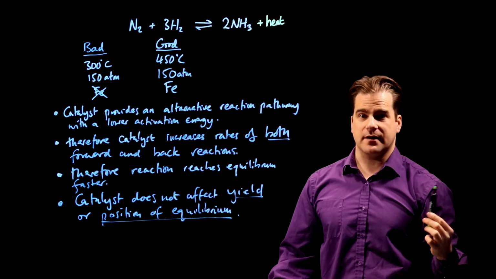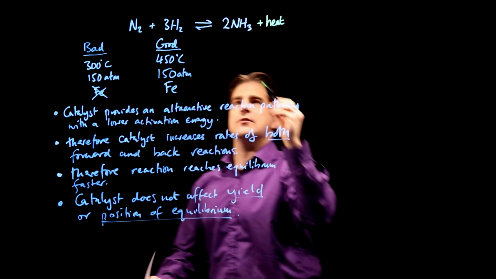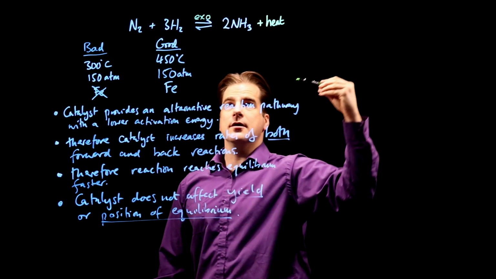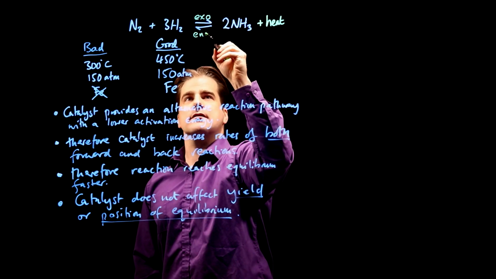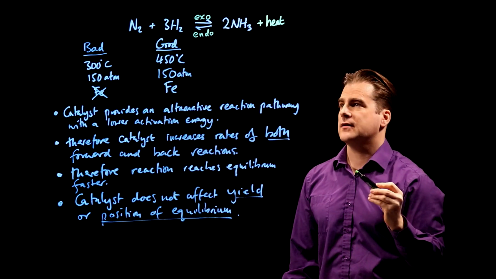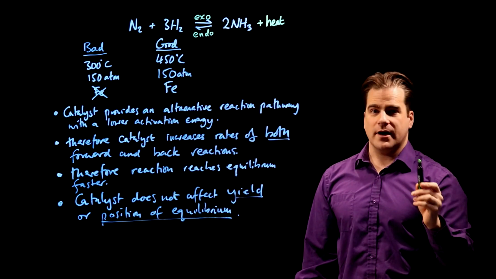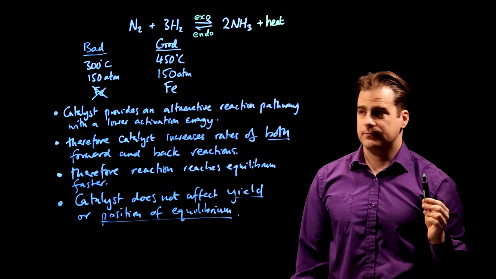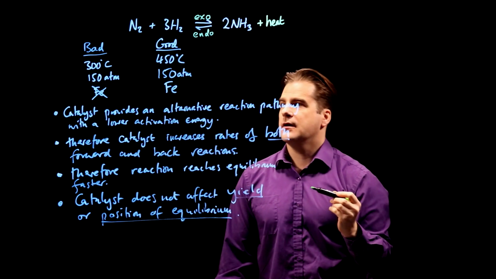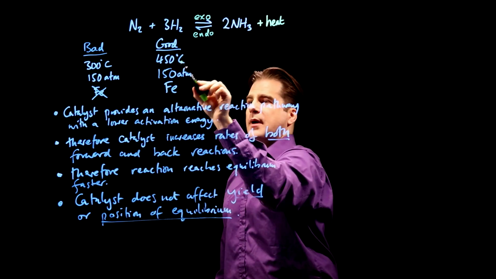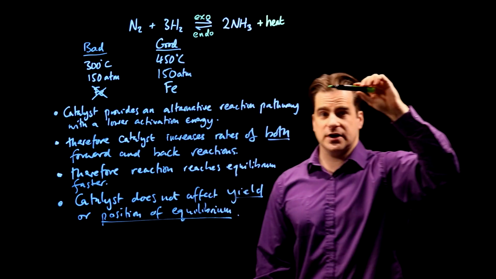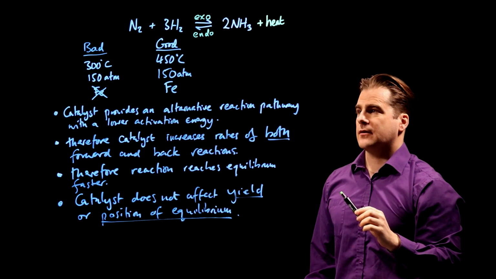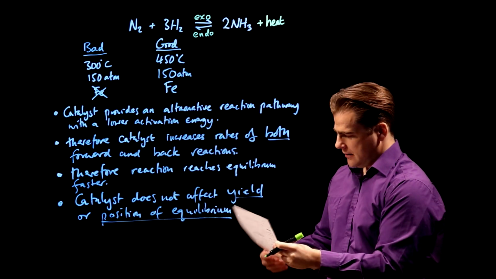That's the exothermic direction, but in this direction is the endothermic direction, okay? And learn right now that higher temperatures favour the endothermic reaction. So, that means by doing it at 450 rather than 300, it's pushing the position of equilibrium in that direction, okay? Right, so let's get that down. Get some marks.